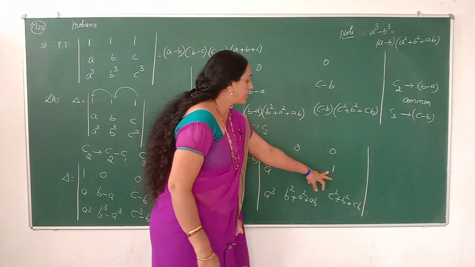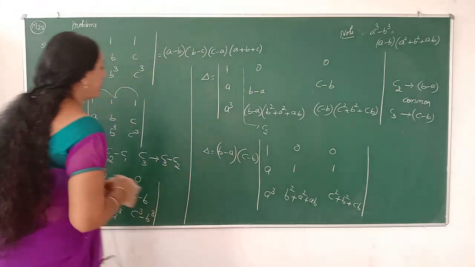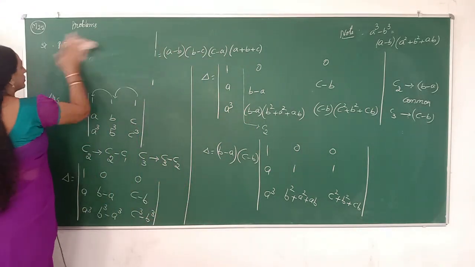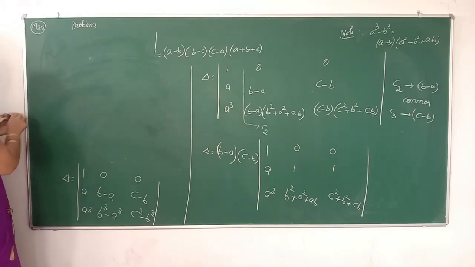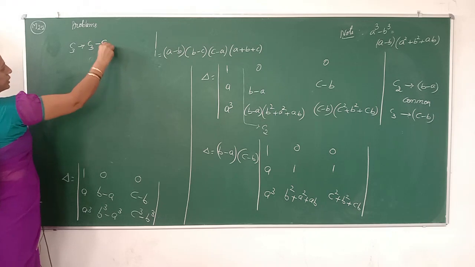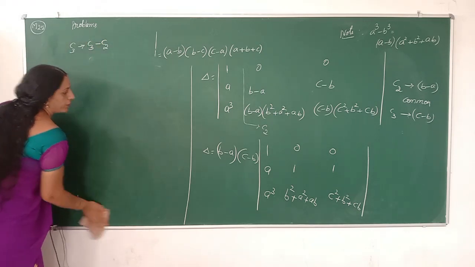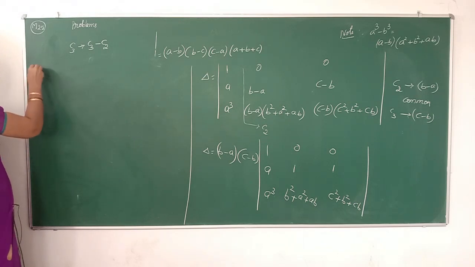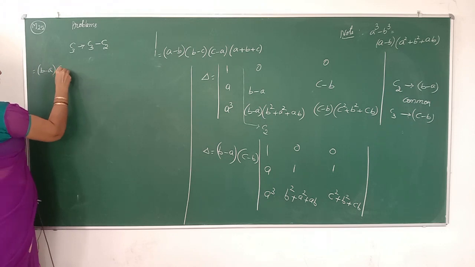Therefore, now we change C3 to C3 minus C2. Again, it always depends on the second column. So the elements of the first column include the common factor (b minus a)(c minus b).